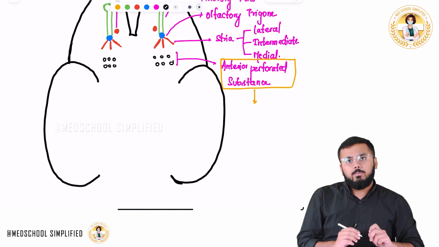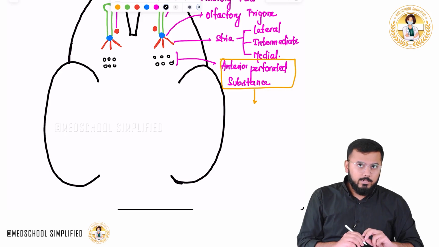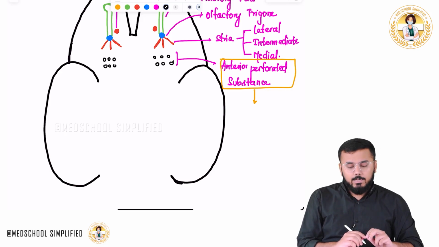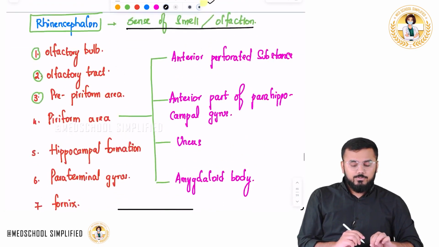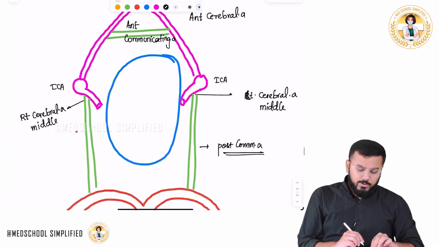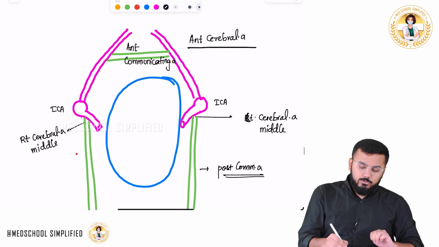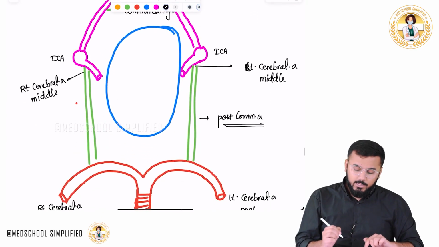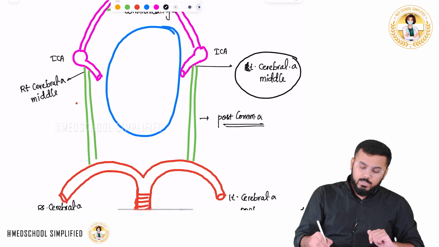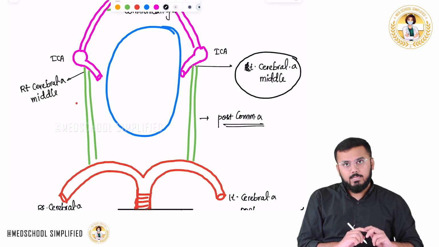Now in this anterior perforated substance, there are two important arteries. One is called the middle cerebral artery, another is the anterior cerebral artery. In the discussion of the circle of Willis, we discussed these two important arteries. This artery which I discussed in the previous lecture is the anterior cerebral artery, and this artery which you can see right now is your middle cerebral artery.